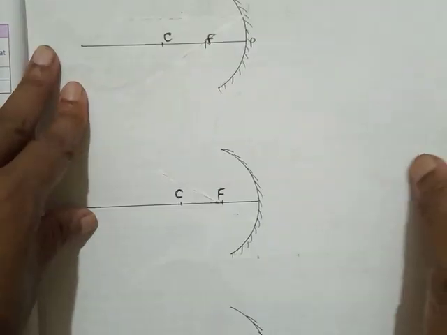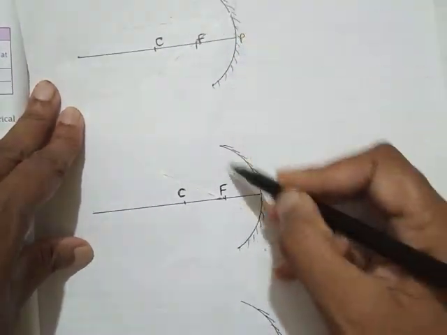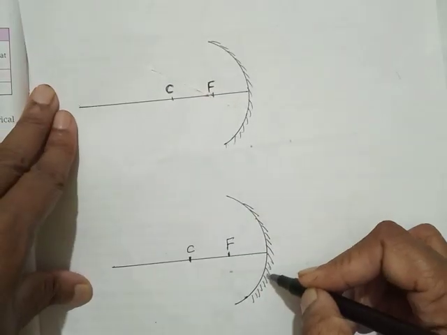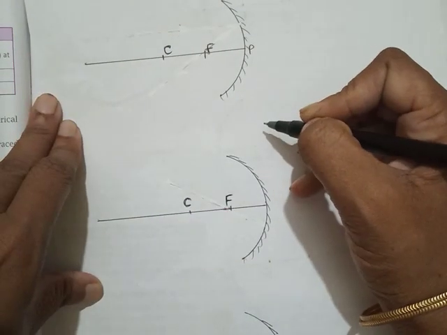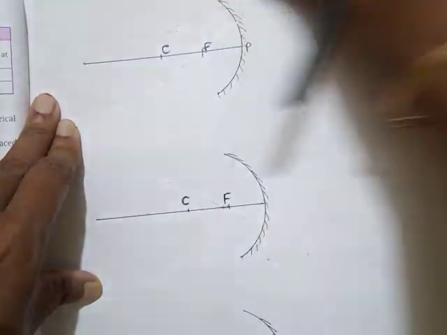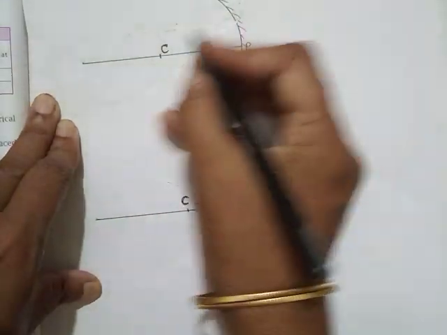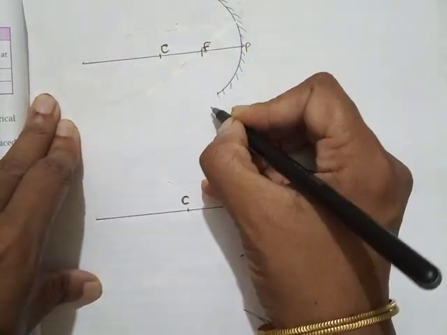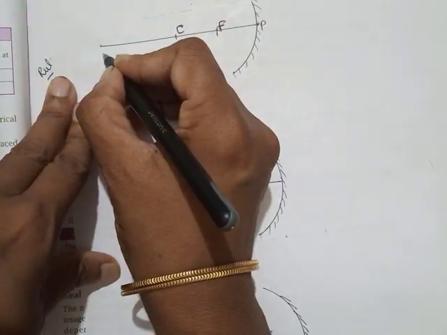Okay, and before drawing, what you do? You draw 3 concave mirrors like this. Okay, and leave some space in between because you have to write the statement. Okay, and what you do? You draw a concave mirror, shade here. Then you draw this principal axis.